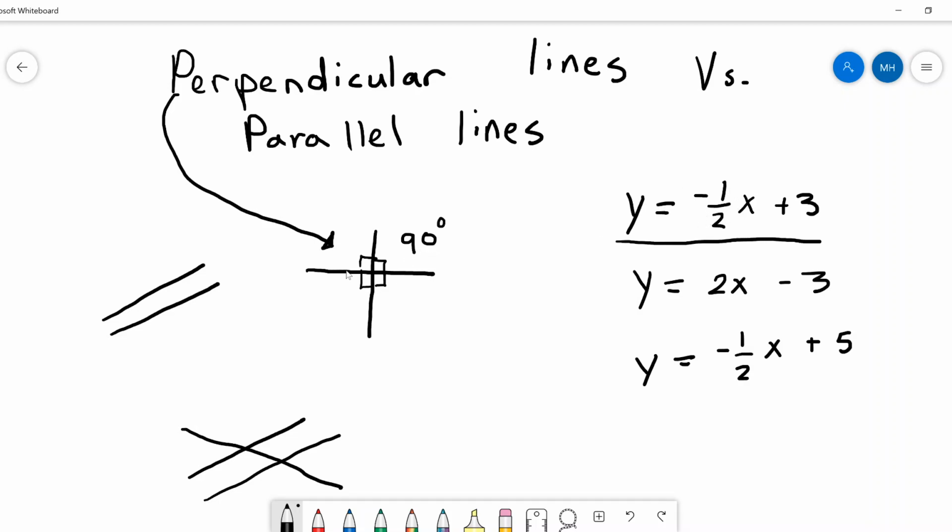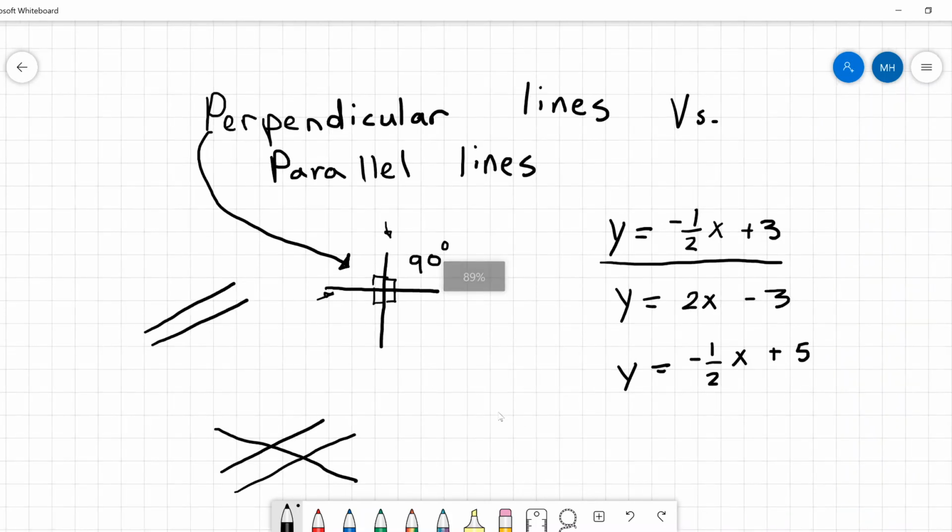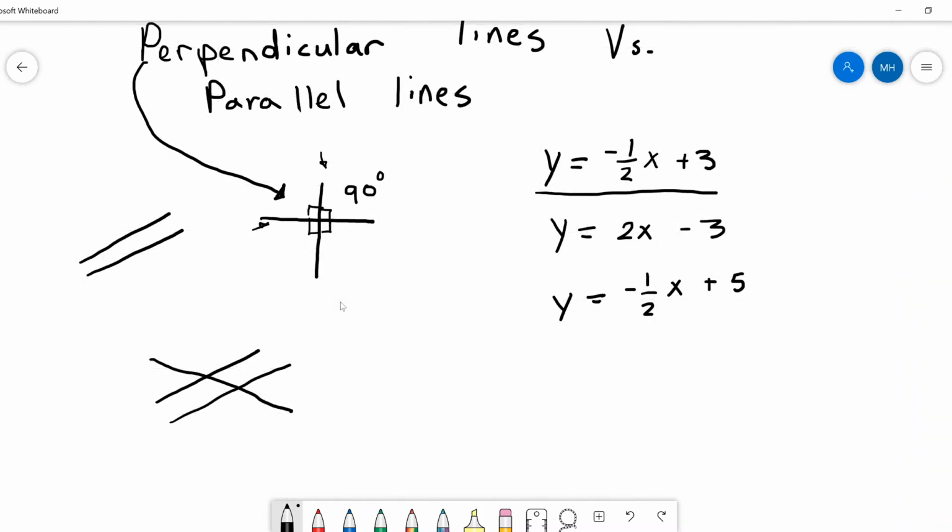Say this equation matches this line right here, and you're trying to find the equation of this line. Well, there's a really simple relationship between the slope of this line and that line.